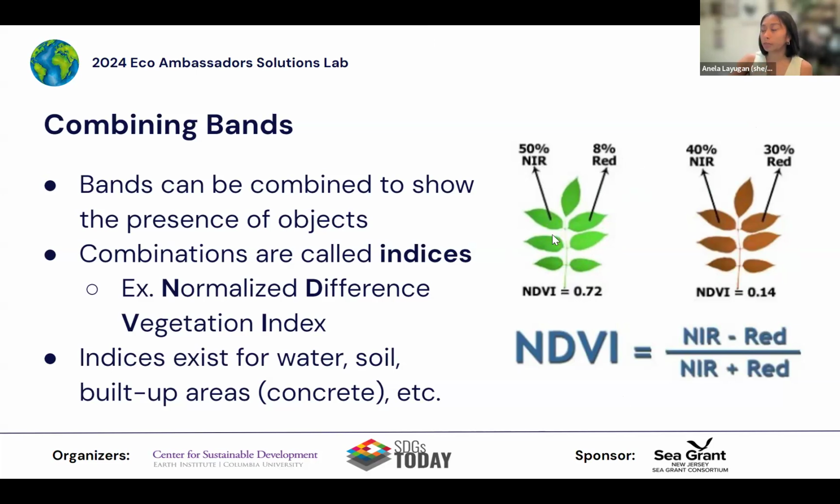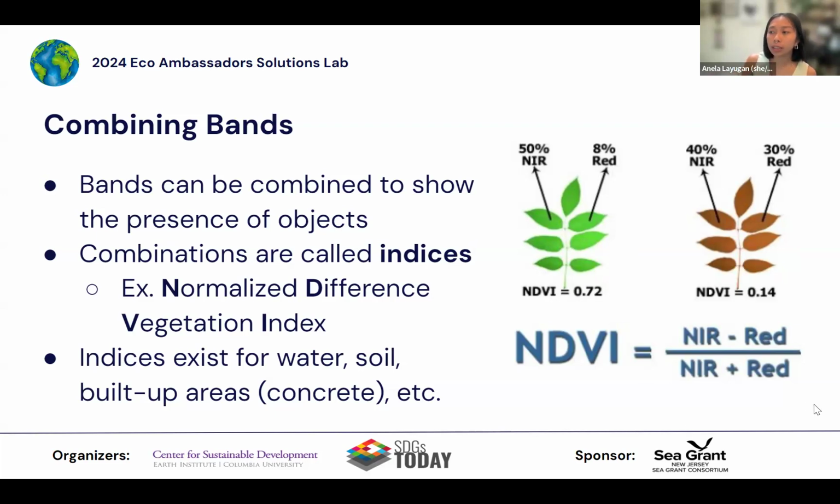They put those values into this calculation, and it gives an NDVI, which is the index, of 0.72. So we know that in that image, anything around an NDVI value of 0.72 is these specific plants.